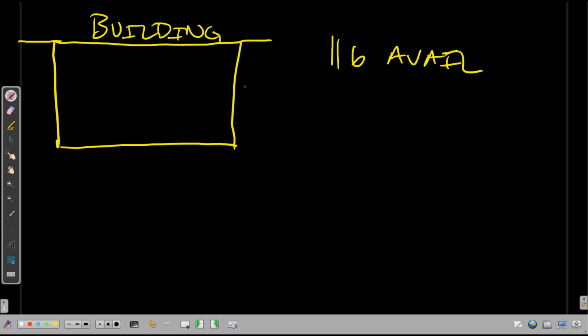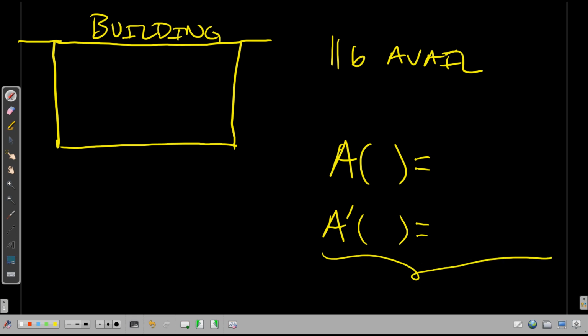Now what are we trying to maximize here? We're trying to maximize the area. I need an area function so that I can take the derivative of that area function, and I'm going to find out what its extreme values are, right?